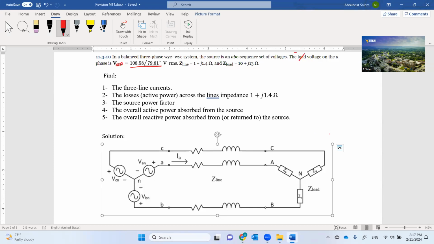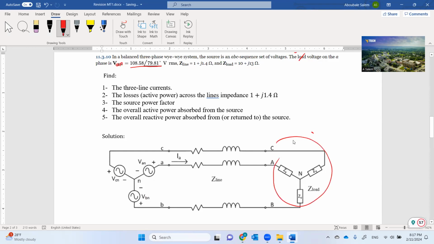This part is our load. This is the transmission line, and here is our source. Now we need to get the three line currents, which means I'd like to calculate IA, IB, and IC.